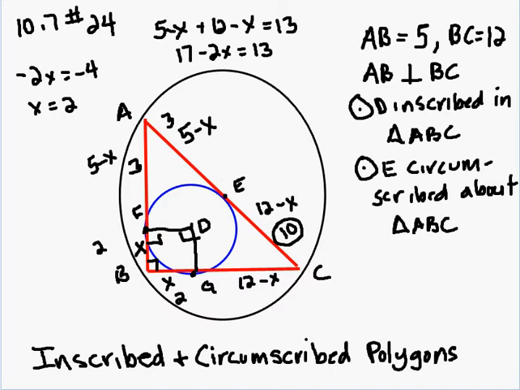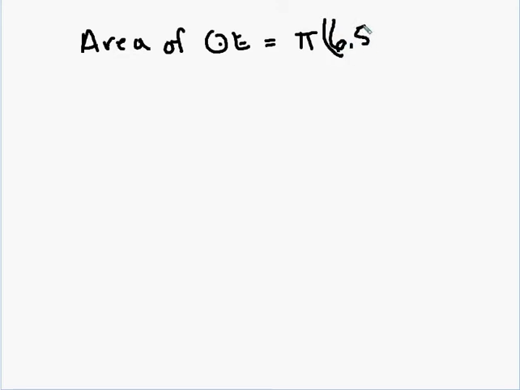So the area of circle E is equal to pi times the radius squared, which is 6.5 squared.